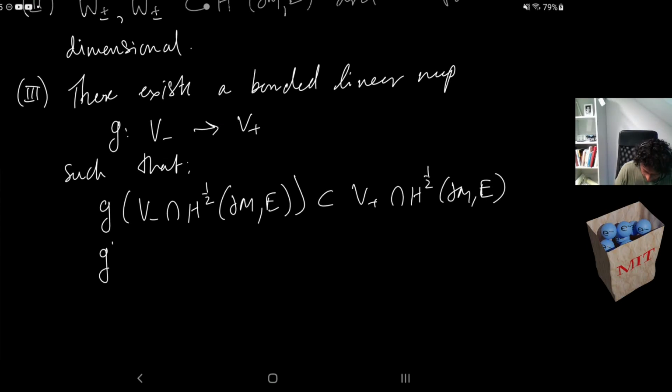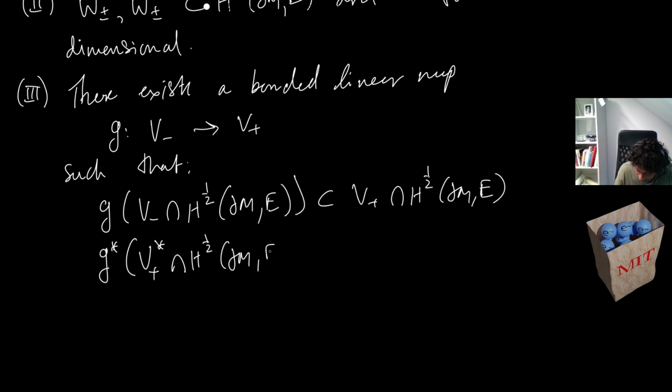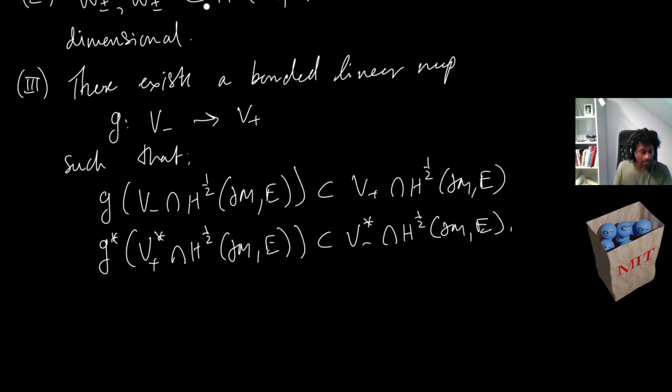And I want the adjoint, which will now take us from V plus star back to V minus star, intersect with H half, to land me in V minus star intersect H half.